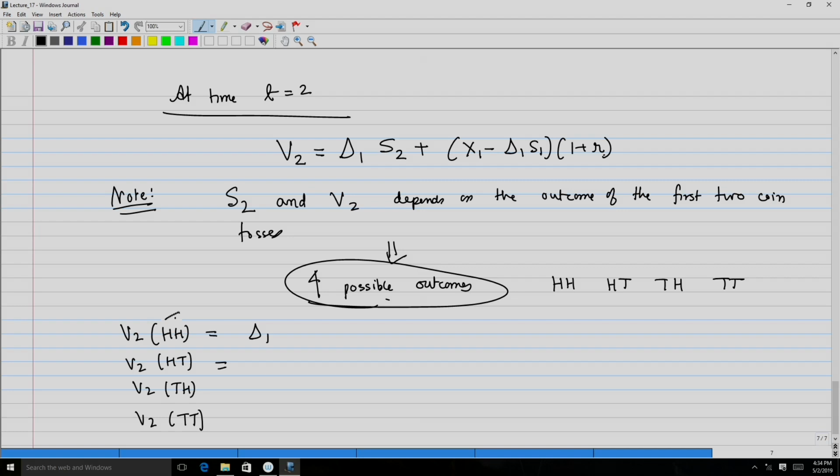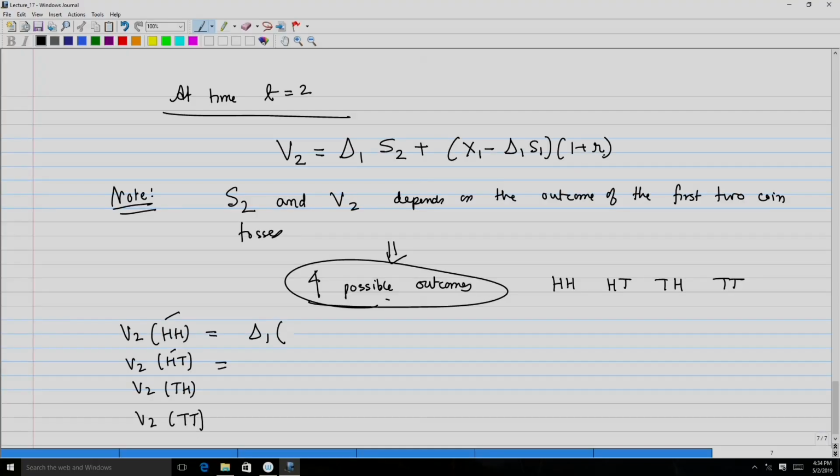In the first two cases, the head appears first in the first toss. So, the delta 1 decision was made with the information available that a head has happened in the first coin toss. In the third and the fourth case, there was a tail in the first coin toss. So, accordingly for these two scenarios, the delta 1 will depend on tail, which was the first outcome.